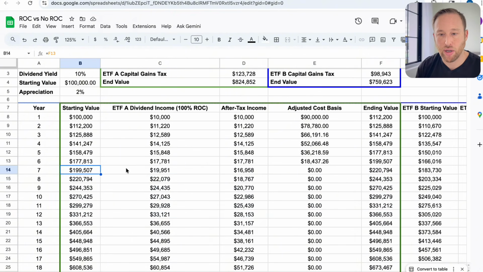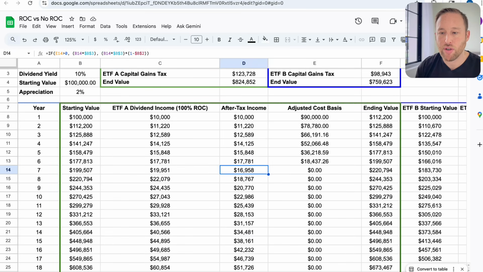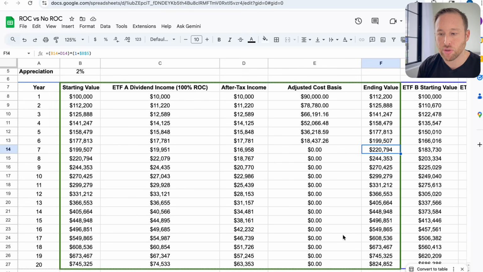Here we start with 100K. We have an income of 20K on this. We'll bring that down to 17K after tax. And so we will continue to drip, so on and on this goes. The end value with this structure would be 824K earned in 20 years, going from a 100K initial investment, 10% yield per year, and 2% appreciation.